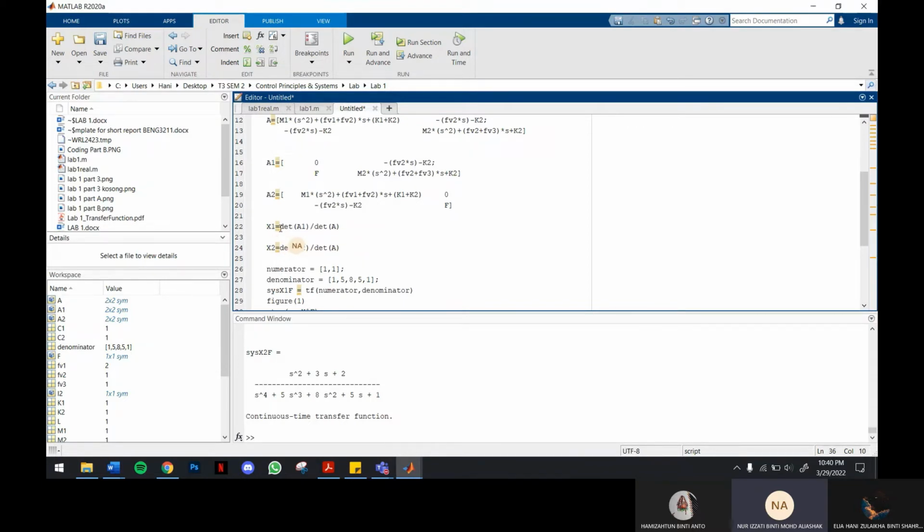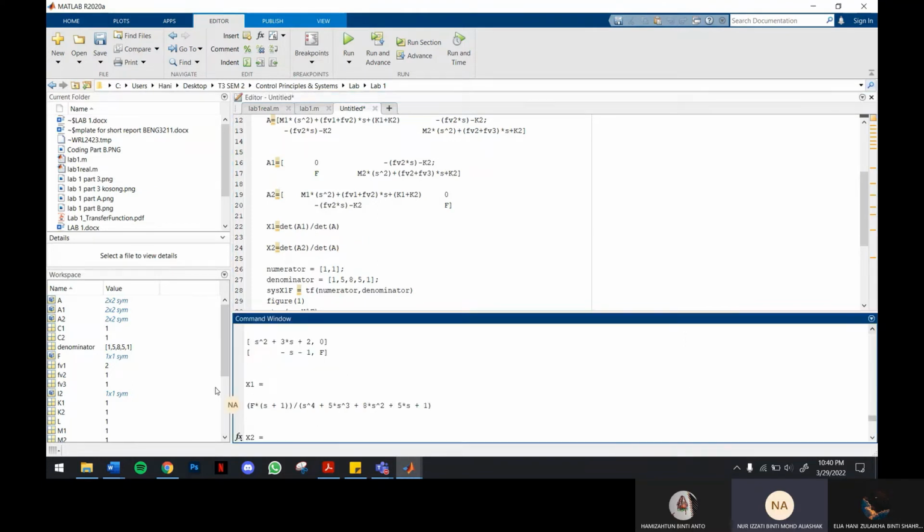We use the command x1 equals determinant A1 divided by determinant A. Then we get the equation for x1 as this. Then x2 is equal to determinant A2 divided by determinant A, and we get the equation x2 as this.